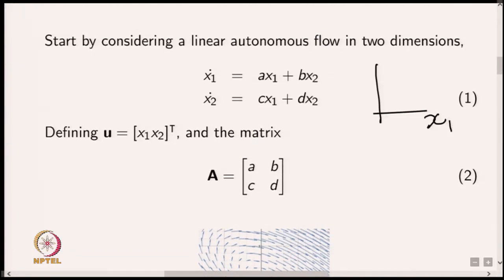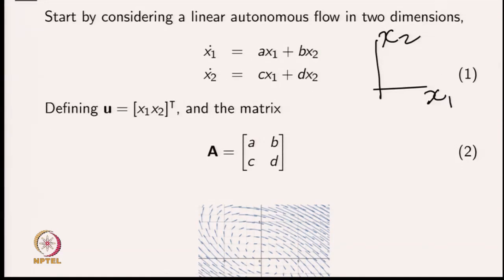So, this is the x1 axis and this is the x2 axis, and this linear autonomous flow in two dimensions is just the following set of coupled first order linear differential equations. Because it is a linear system, I can define a vector.